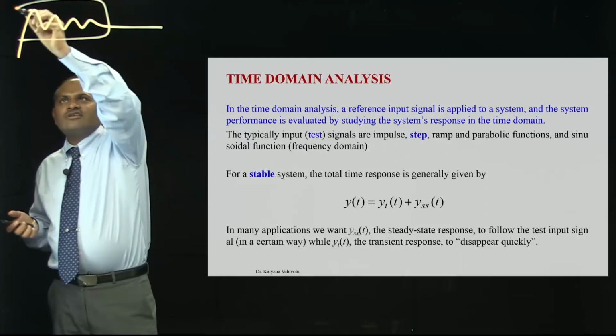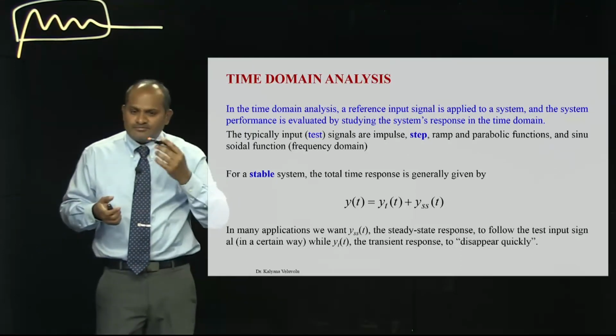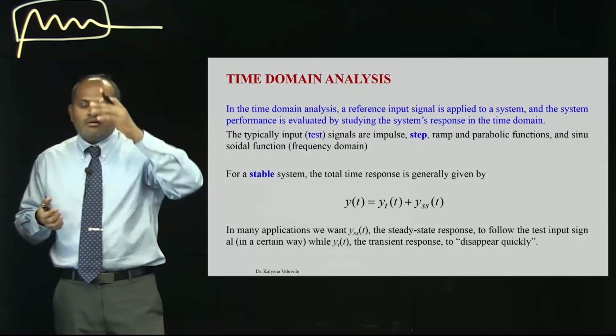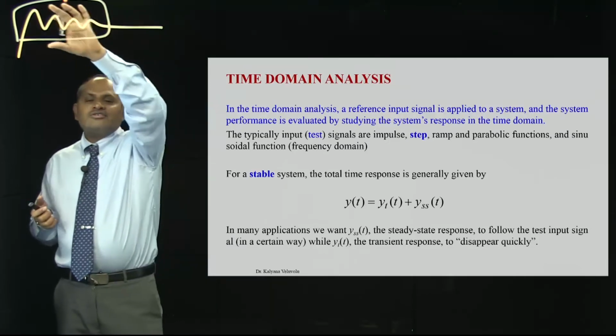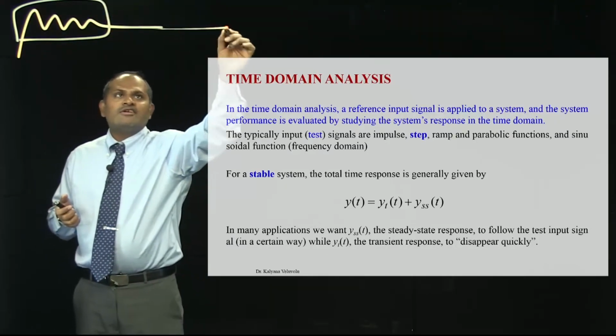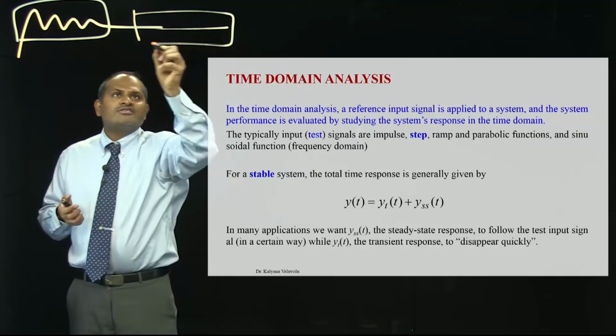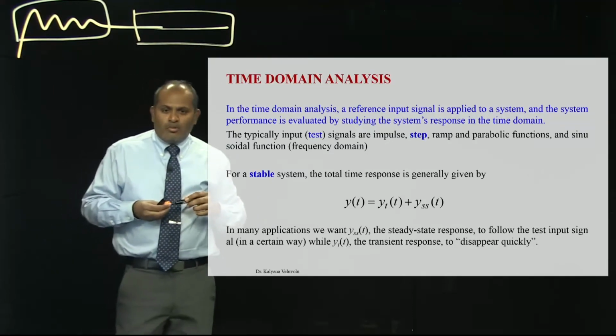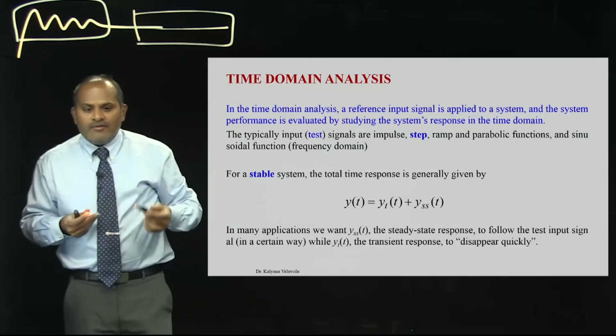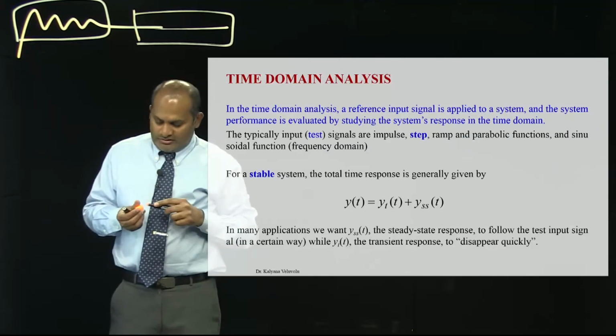This part, where the system tries to settle, is what we call the transient part of the system, and when the system settles, we call it the steady state part of the system. Both these states exist in every response.